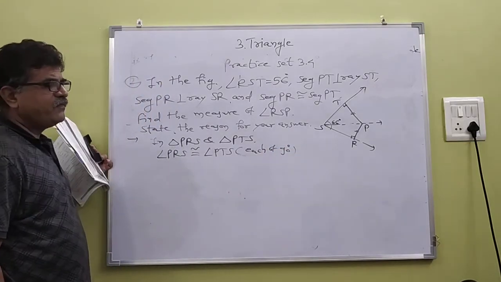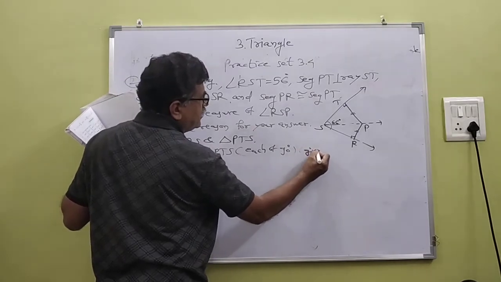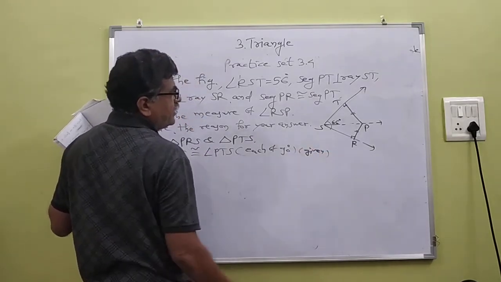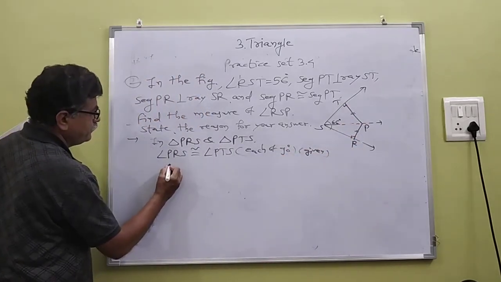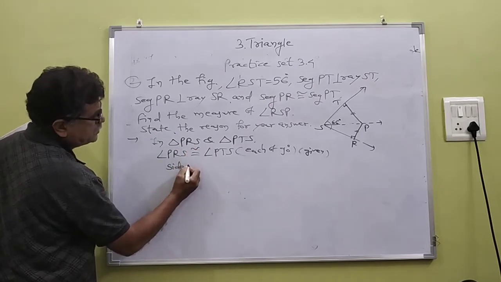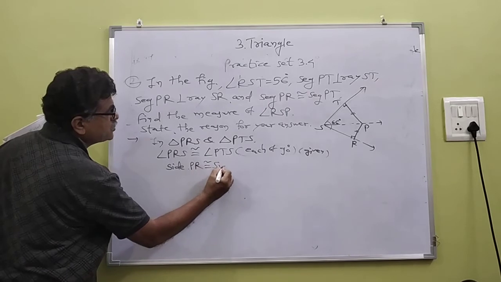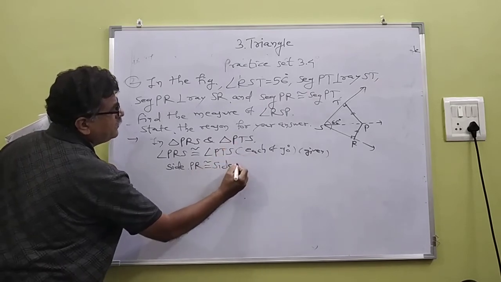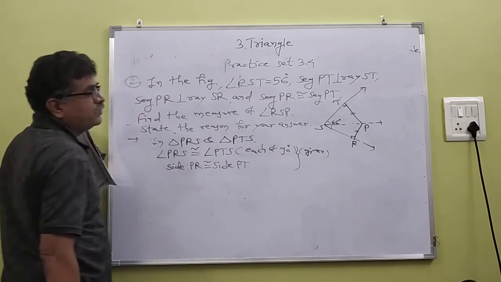That is, we have been given these are perpendiculars. Given. Side PR is congruent to side PT. This is also given.